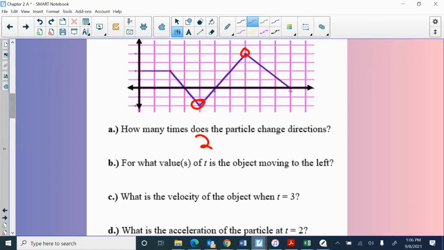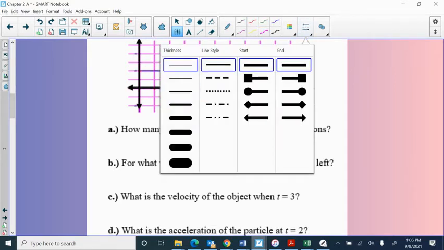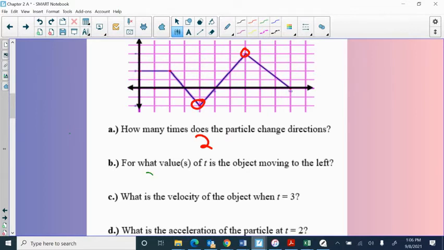Does it end up where it stops? Velocity is... Did I give inches?